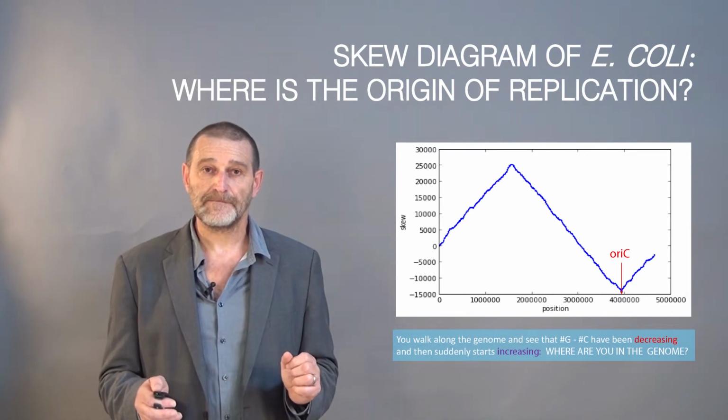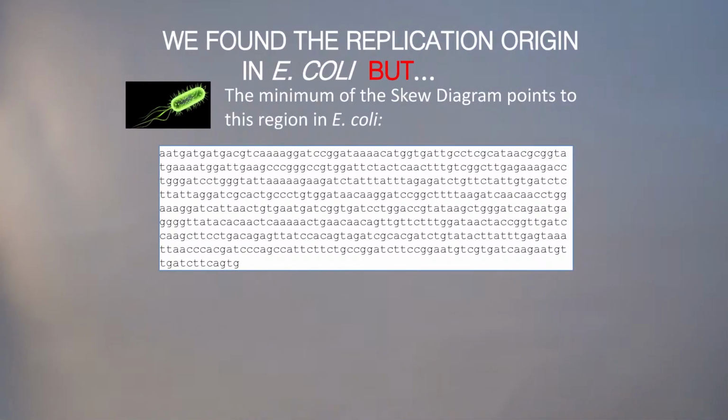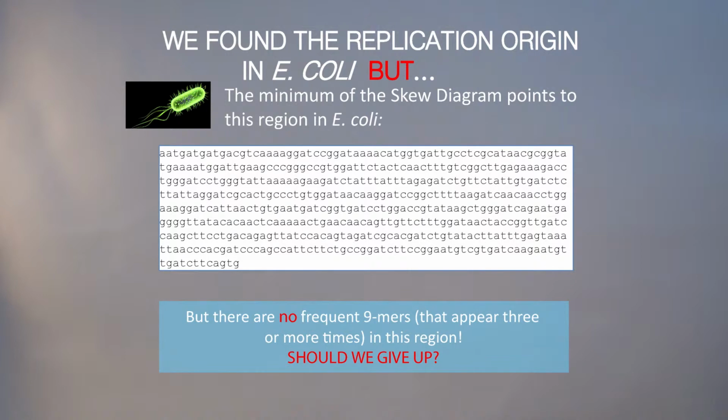And now, let's try to find a frequent word in this origin, and hopefully we will find the DNA box in this way. Well, after we run our frequent words problem, unfortunately, it turns out there are no frequent words that appear even 3 times in this replication origin, which means that we failed.